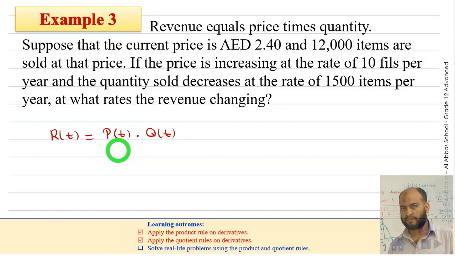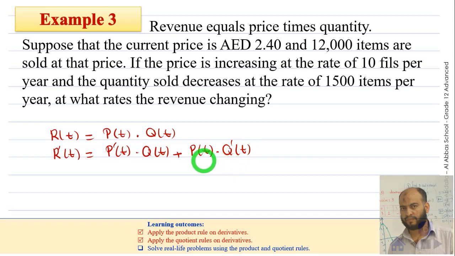We don't have formulas for any of these functions, but from the product rule we have R prime of t equals P prime of t times Q of t plus P of t times Q prime of t.